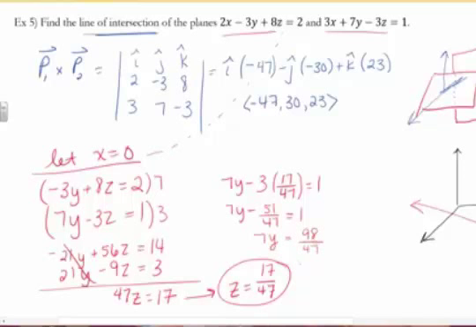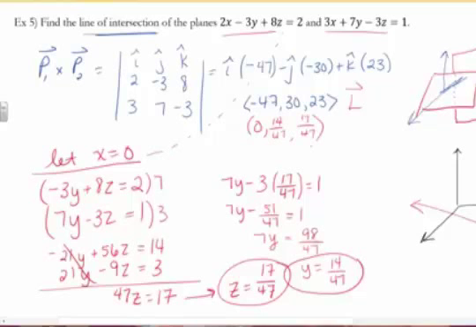And then if I divide by 7, y is going to equal 14/47. So the line's vector is right there, and the point on the line is (0, 14/47, 17/47).